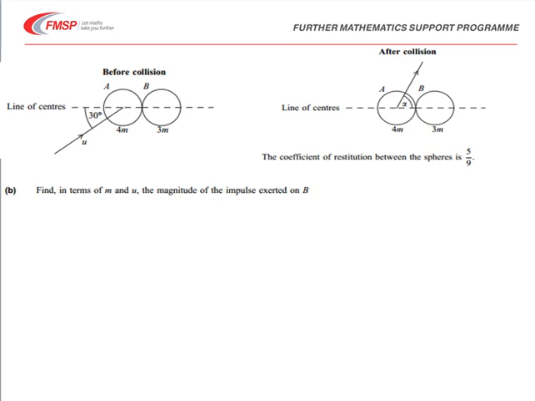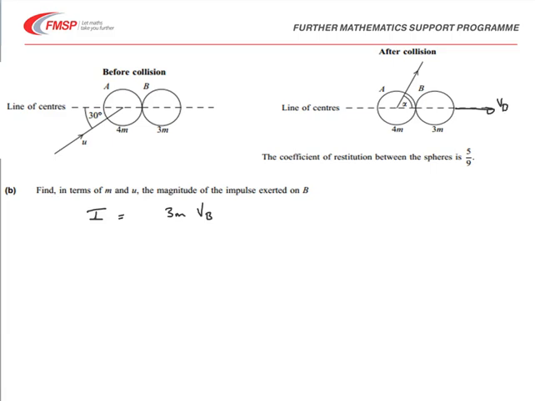Well, in the second part of the question, we're asked to find the magnitude of the impulse exerted on B. Well, impulse is equal to the change in momentum, and the change in the momentum will be the mass 3m multiplied by the change in the velocity, which is simply the VB. It was stationary to start with.